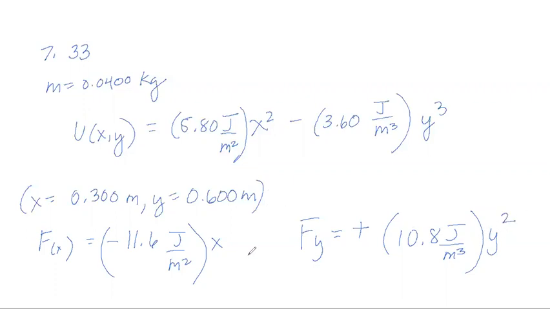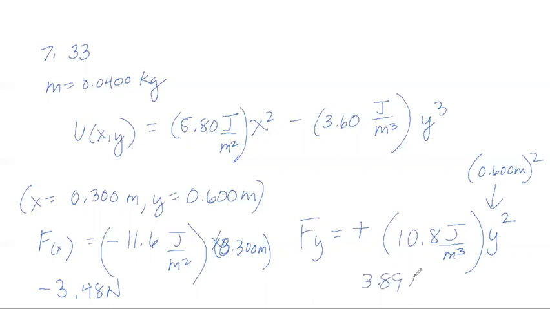And solving for this, if I put instead of x, 0.300 meters, and y, I'm going to put 0.600 meters quantity squared. I'm going to get F of x equals negative 3.48 newtons, and F of y equals positive 3.89 newtons.